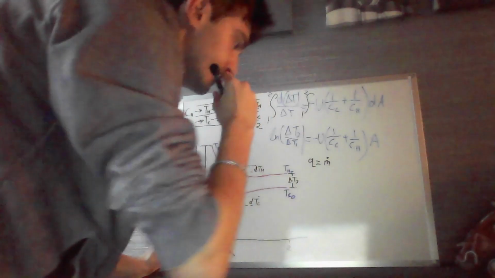So we know that Q is equal to the mass flow rate of the hot multiplied by the specific heat capacity, of course, of the hot multiplied by delta T, right?